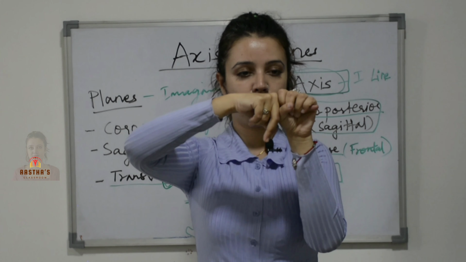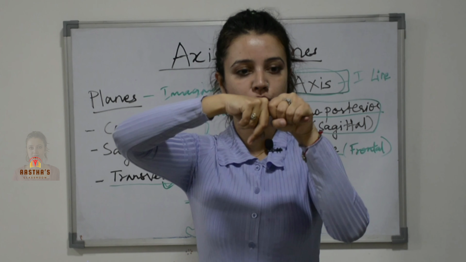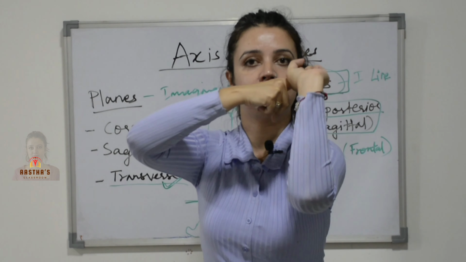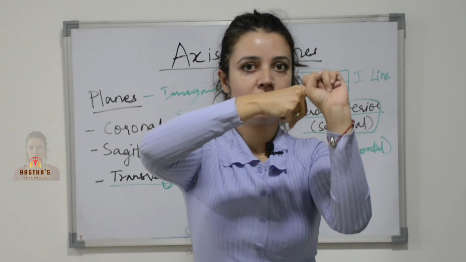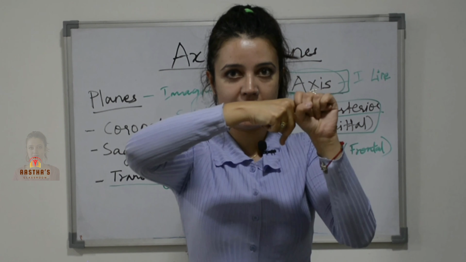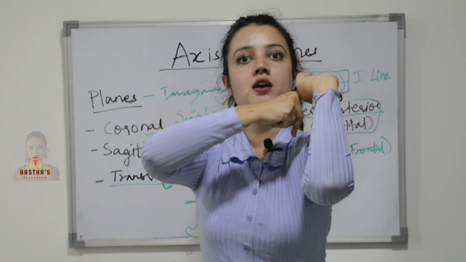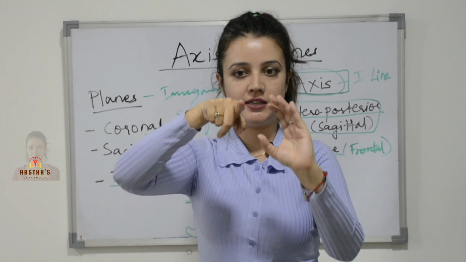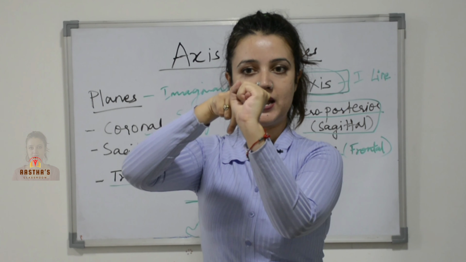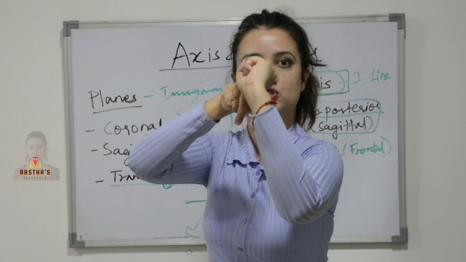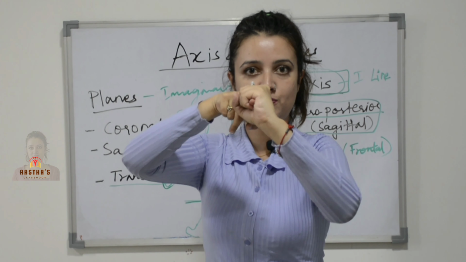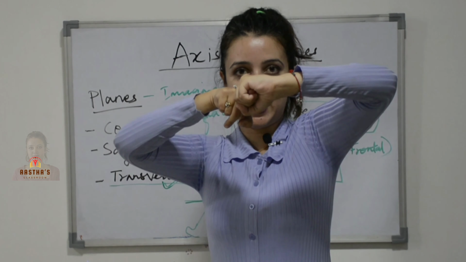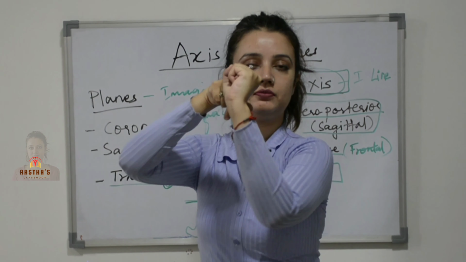No. The proper movement where the rotation happens around the axis is this, and this movement is nothing but flexion and extension. Similarly, take the antero-posterior axis, which is like this. Keep the segment here. Can you do flexion extension here? No. The rotatory movement that happens here is abduction and adduction.